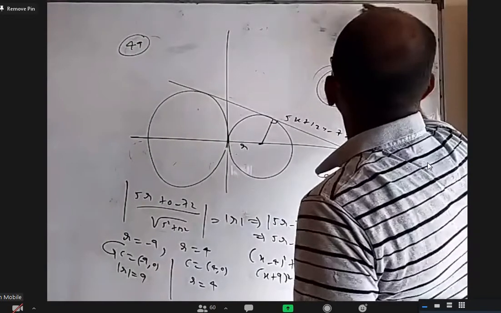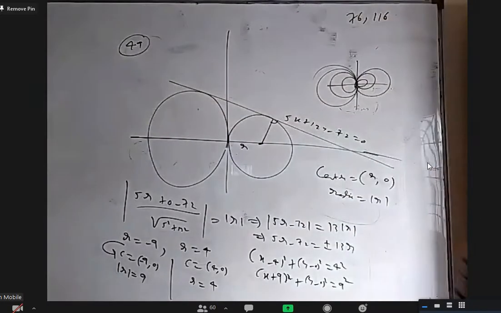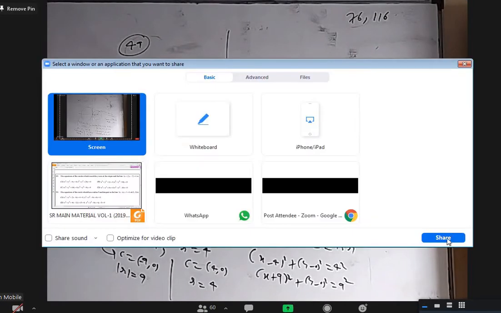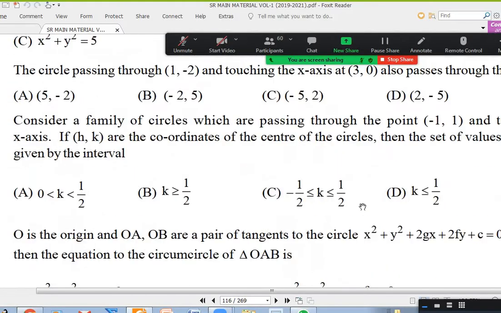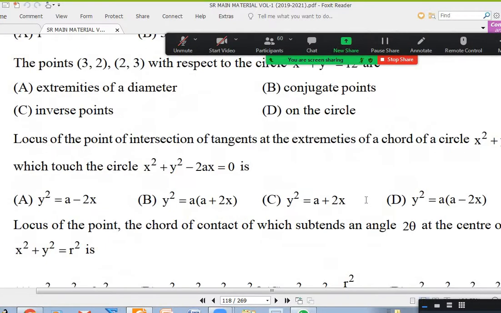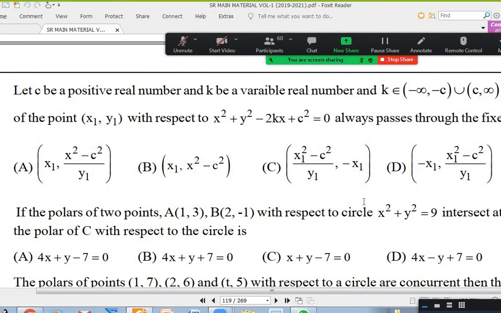Okay, 76 and 116. Okay, here k is a variable number in 76.